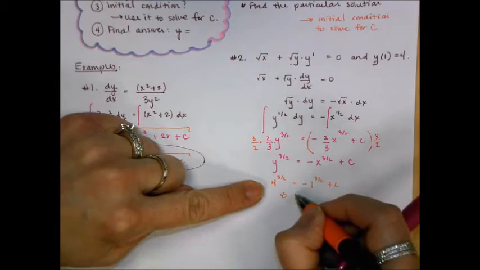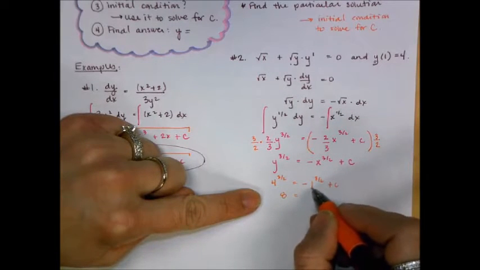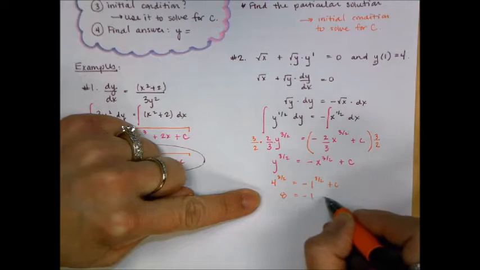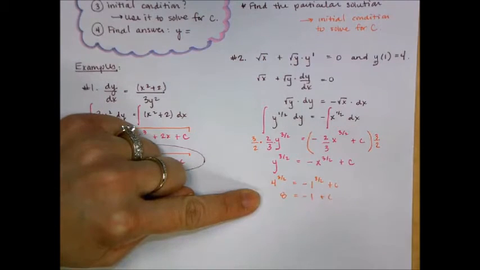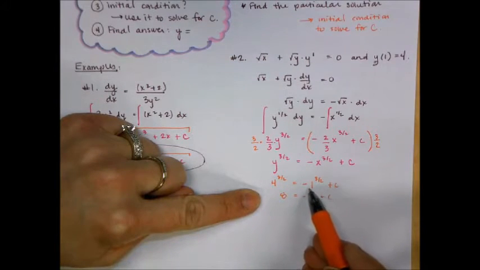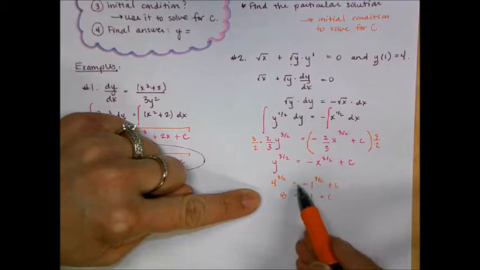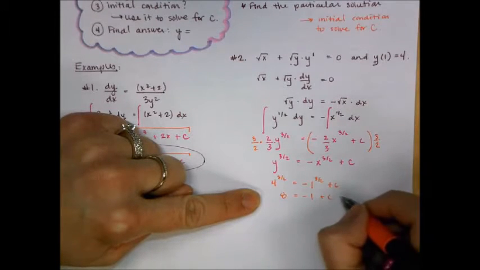This is 1 to the 3/2 is 1. So then we multiply by a negative, and it's -1 plus c. And hopefully you know there's no parentheses around that -1. So it's not the square root of -1, it's just the square root of the 1. And then we multiply it by the negative. So this tells me that my constant is 9.